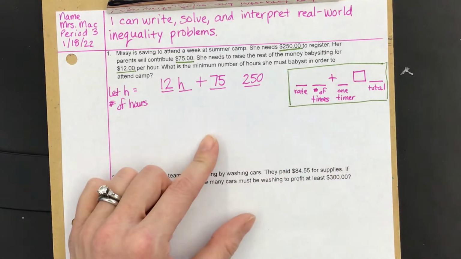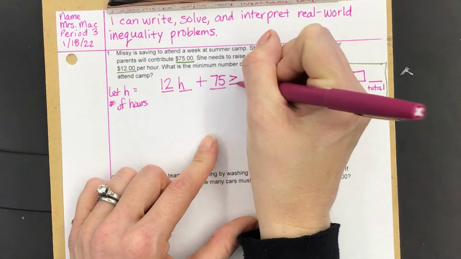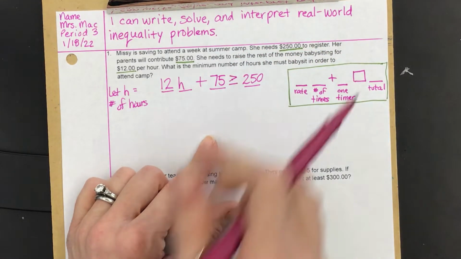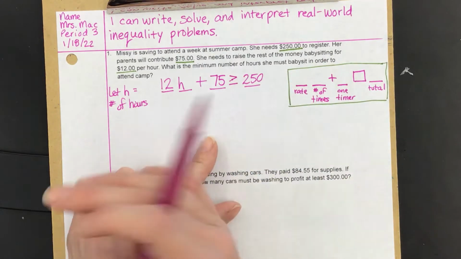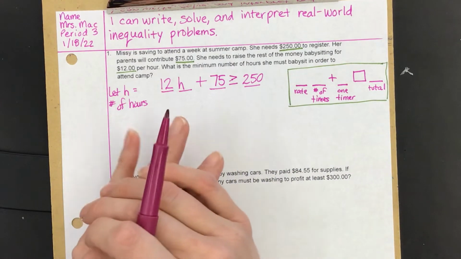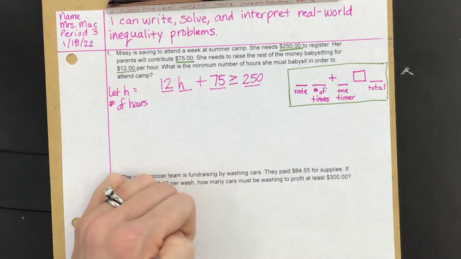Greater. Could it also be equal to? Yeah. Okay. So that is how you get that symbol in there. You just kind of have to use your logic to say, do I want this to be greater than 250 or less than 250? And usually, it depends on the problem. In this one, as long as she has $250, she can go to camp, okay?